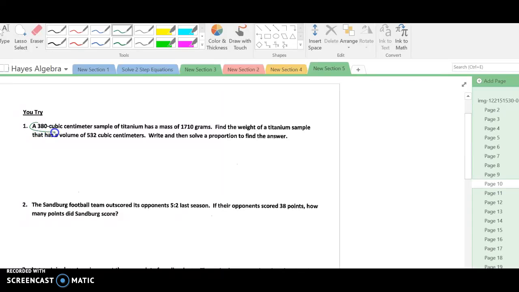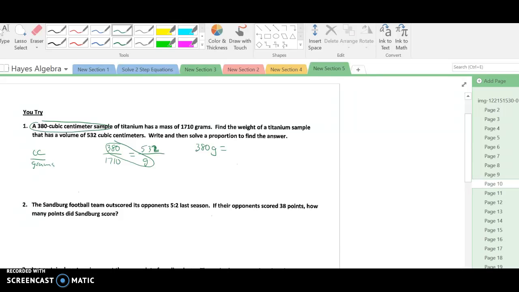So here you have the cubic centimeters to the number of grams. So if we have 380 to 1710, that would equal 532 cubic centimeters to how many grams? I don't know. So now this proportion allows me to cross multiply.